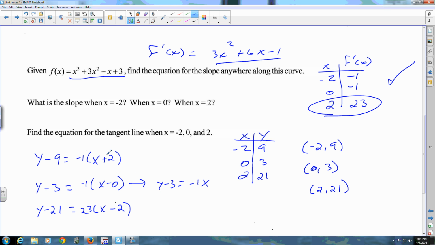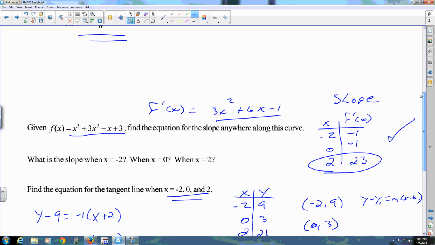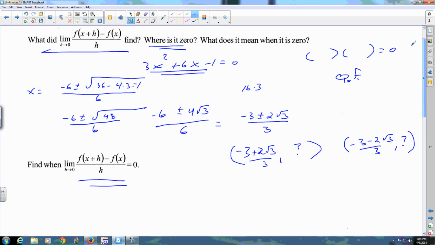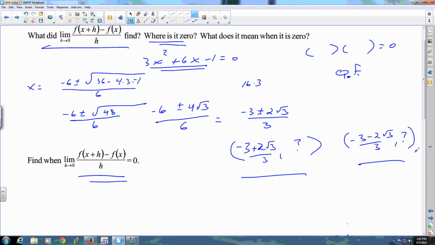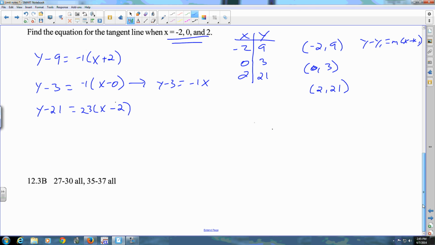So finding the equation of a tangent line for different values of x, you have to find the slope and the coordinate at specific values, and then just fill it in to y minus y1 is equal to m times x minus x1. So that's just finding the equation of a tangent line anywhere on the graph. Up here was finding the coordinates of minimums and maximums. I believe that's it. There's your assignment. Thank you for your time.